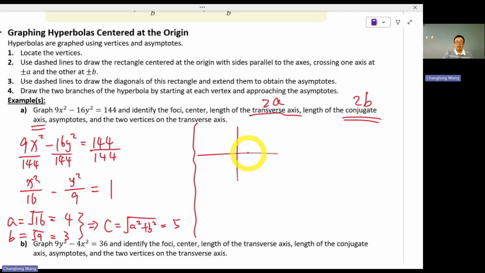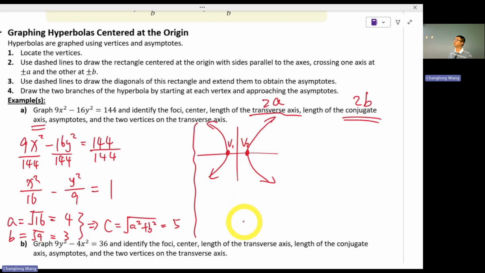So I have a horizontally opening hyperbola, right? This looks something like this, two branches opening to the left and right. These two are the two vertices, so if you want, you can call them V1, V2. Where are the foci?